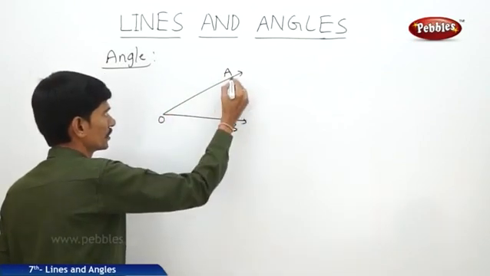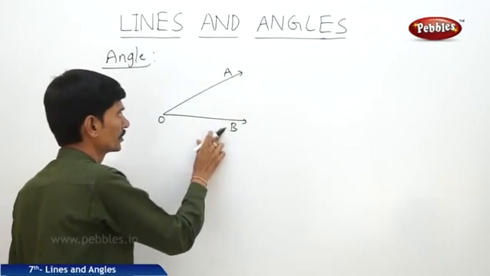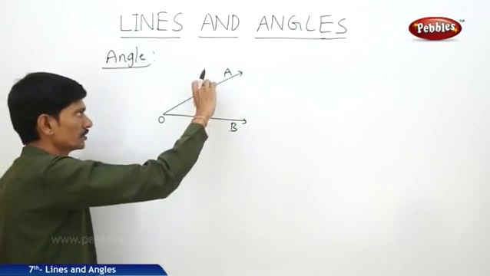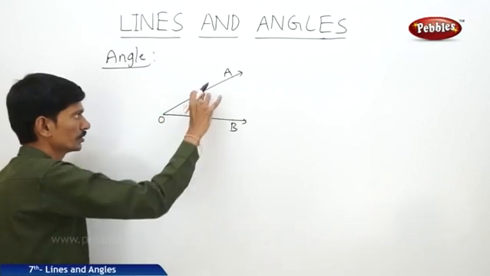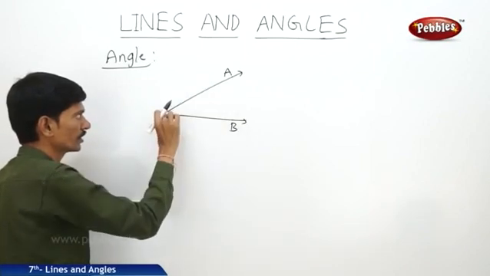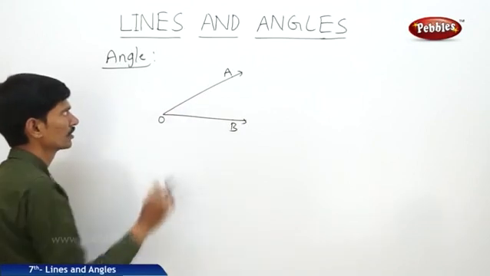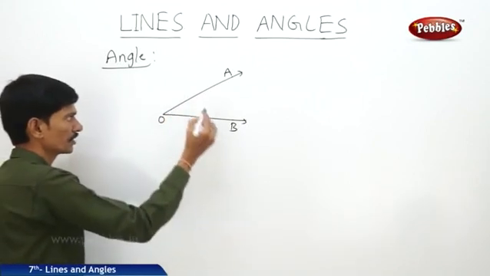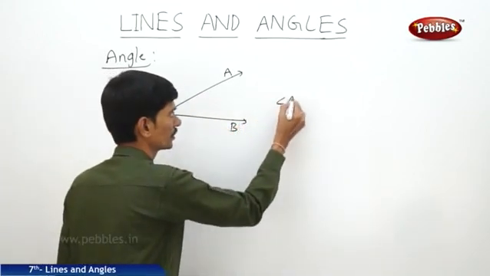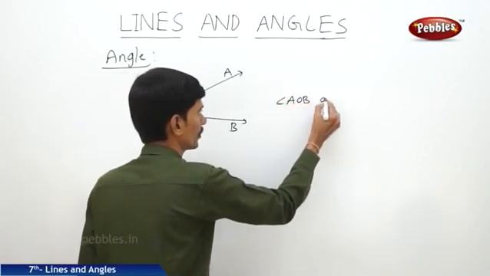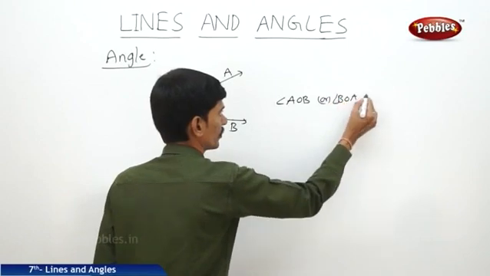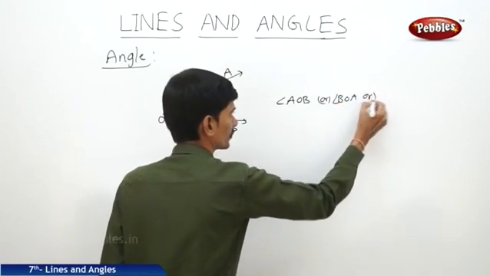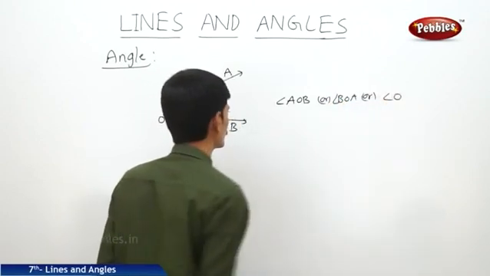Here OA is a ray and OB is also another ray, and these 2 rays have the same endpoint, that is O. So the union of 2 rays with the common endpoint is called the angle, and this angle is represented as angle AOB or angle BOA, or simply we can write angle O.